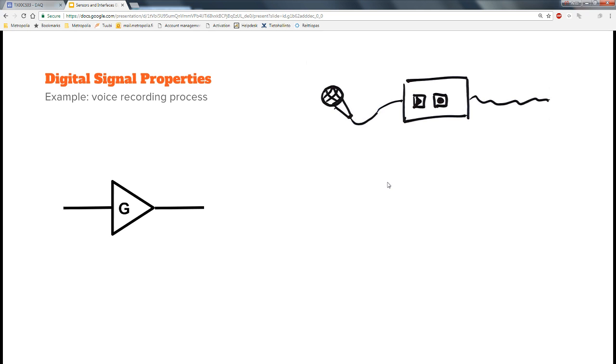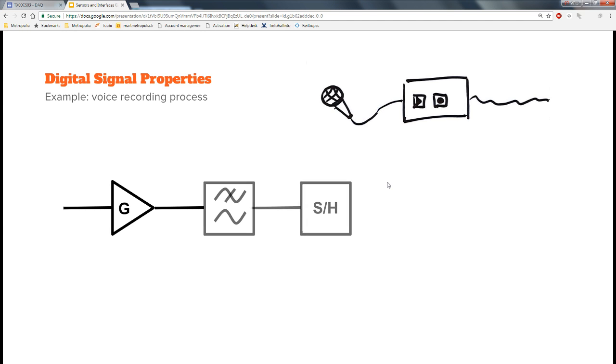The signal comes first, it's very tiny, you need to do some amplification. Then the next block is low pass filtering to get rid of some of the noise and also to avoid aliasing. Then there's a sample and hold and then the A to D converter.